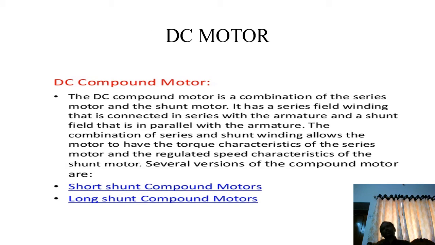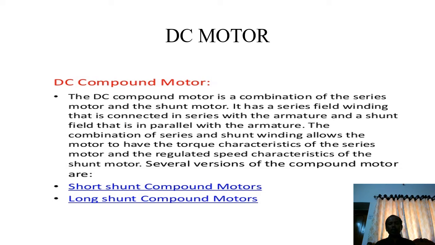Here you can see that the DC compound motor is a combination of the series motor and the shunt motor. It has a series field winding that is connected in series with the armature and a shunt field that is in parallel with the armature.